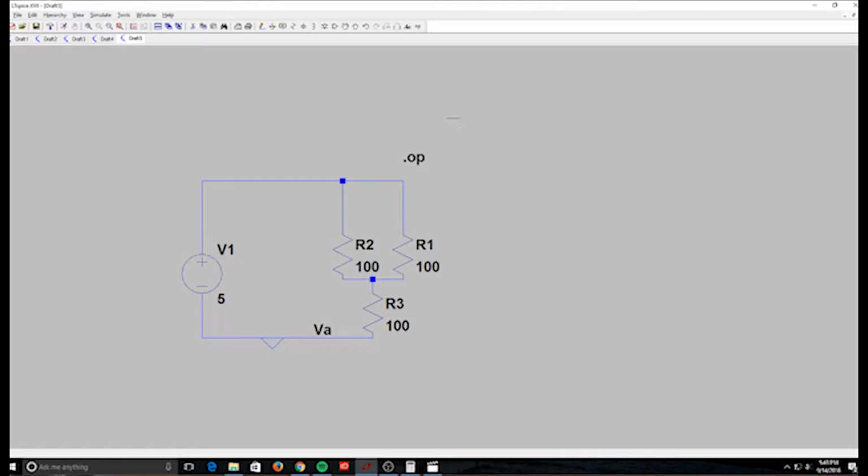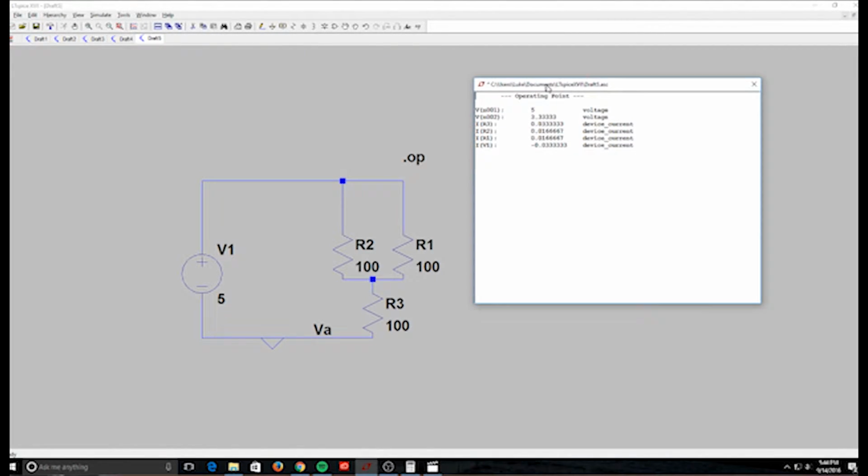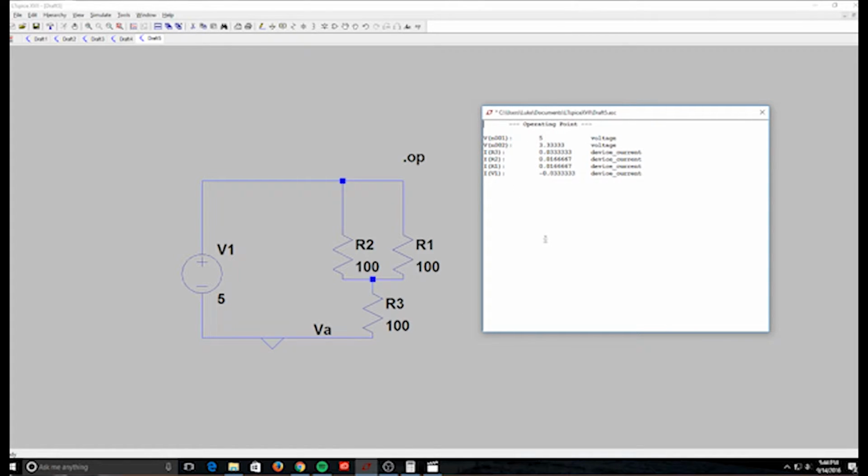Alright, so here's our third circuit, which is again 5 volt power supply running to 2 100 ohm resistors that are wired in parallel, coming down to a resistor that is in series. We find that it acts almost like the last 2 circuits combined that we did.